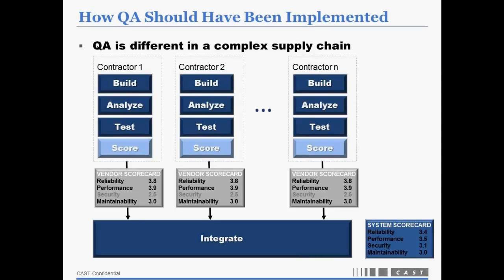But this is a one-time snapshot that you would want to do before you decide to move on. And this is something that should have been clearly implemented in this project, and clearly was not.